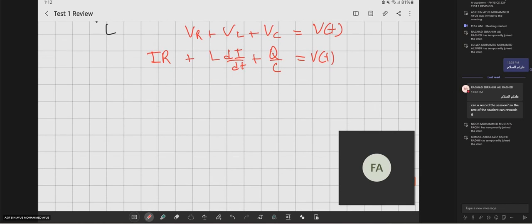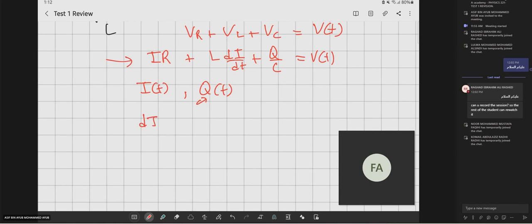As you can see, I have 2 different variables here: I of t and Q of t. So what do I do to convert Q to I? I can take the time derivative of both sides.